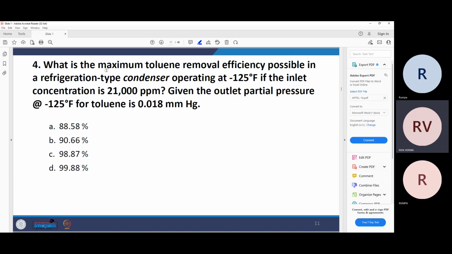So what is the maximum toluene removal efficiency that is possible in a refrigeration type condenser operating at minus 125 degree Fahrenheit if the inlet concentration is 21,000 ppm and the outlet partial pressure at minus 125 degree Fahrenheit for toluene is 0.018 mm of Hg.